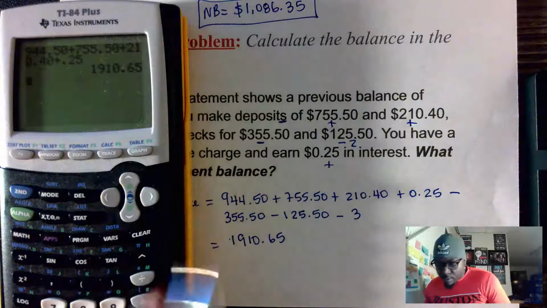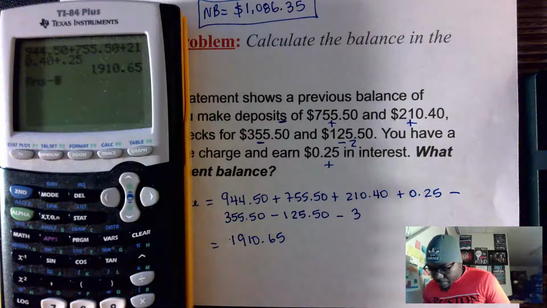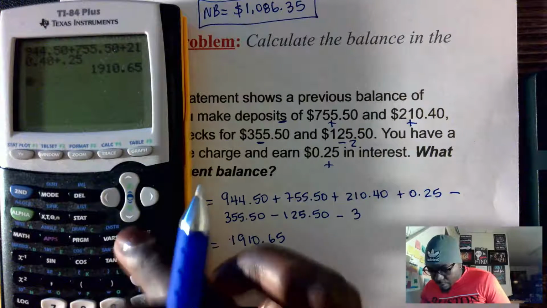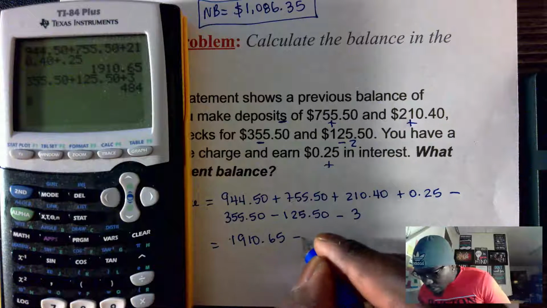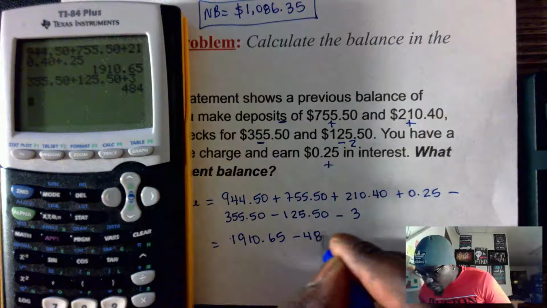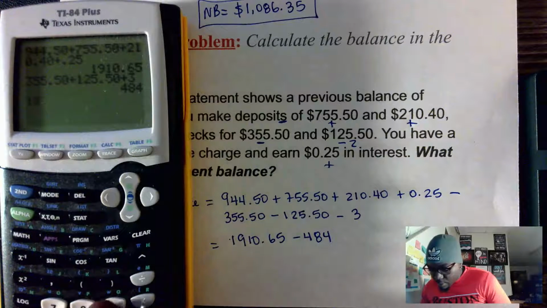And from this I'm going to minus, let's do this. So we're going to do 355.50 plus 125.50 plus 3, which equals 484. So I have 1,910.65 minus 484.